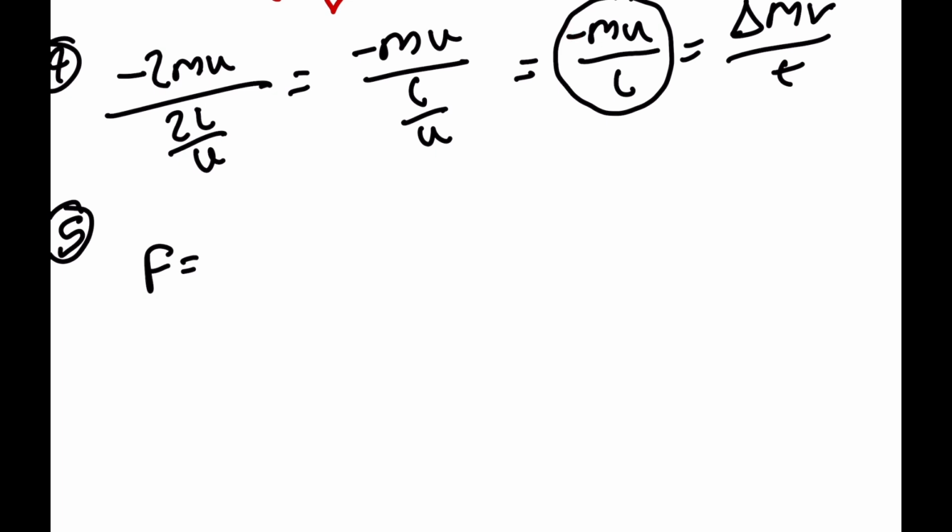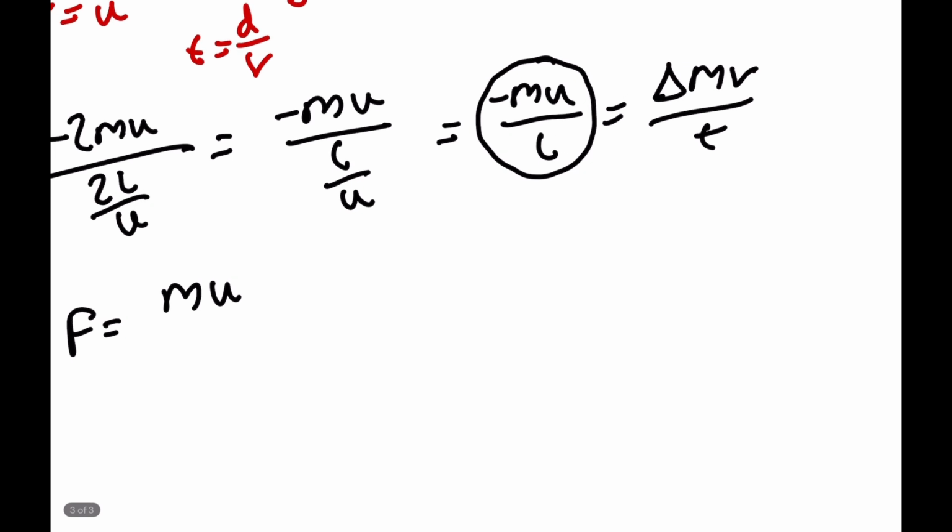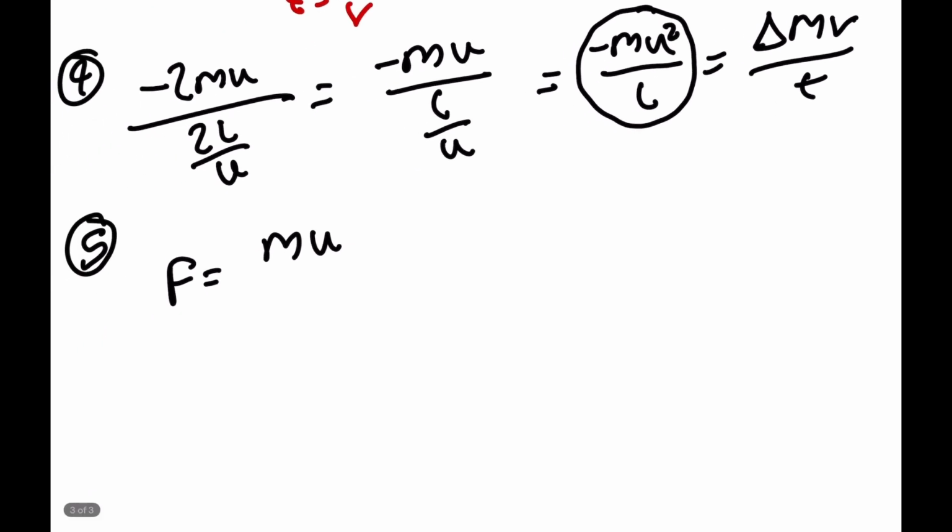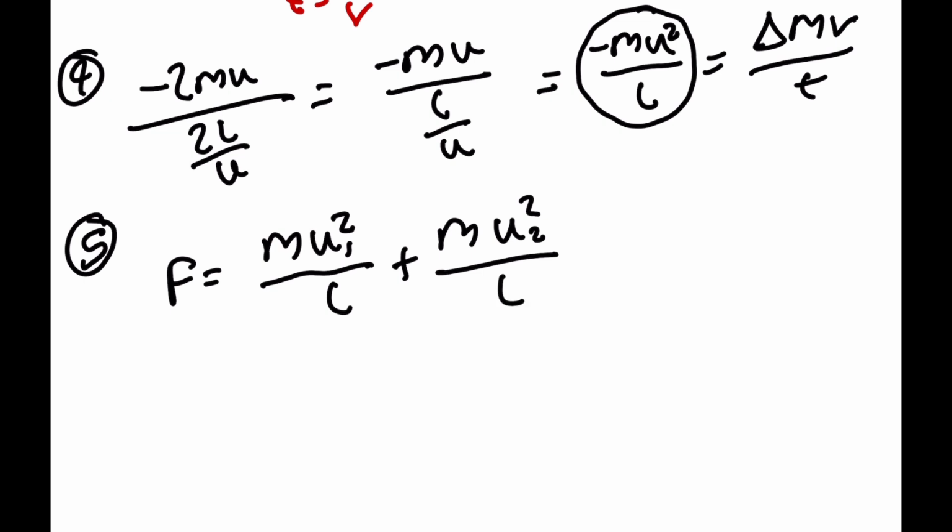So we would do mu, oh wait, we forgot to put the squared here, because this becomes squared. Yeah, perfect. So we have mu squared over L, and because m and L still stay the same, the only thing that changes is the speeds of each particle.